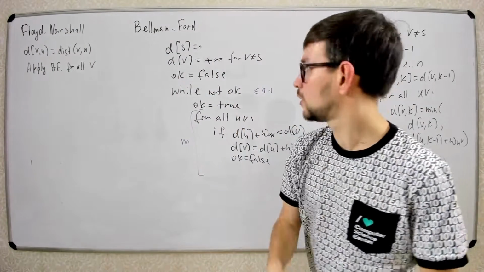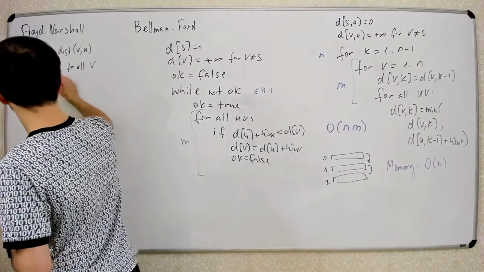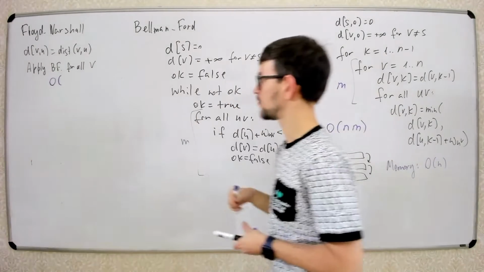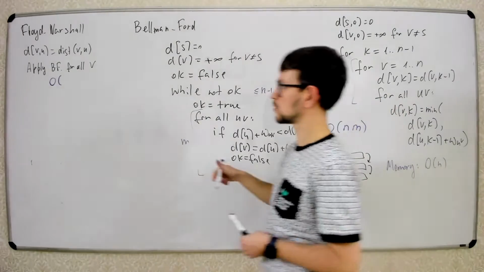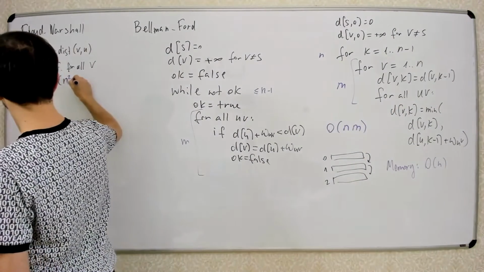The time complexity will be quite simple. We need to apply the Bellman-Ford algorithm n times. The complexity of Bellman-Ford is nm, so the total time complexity will be n squared m.